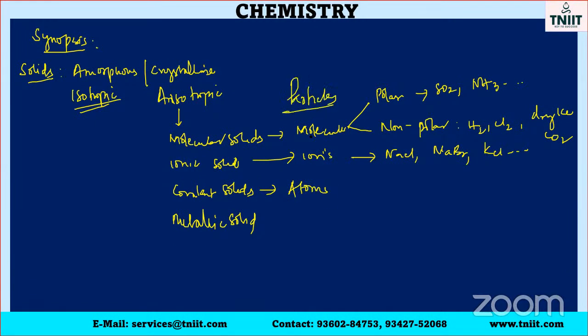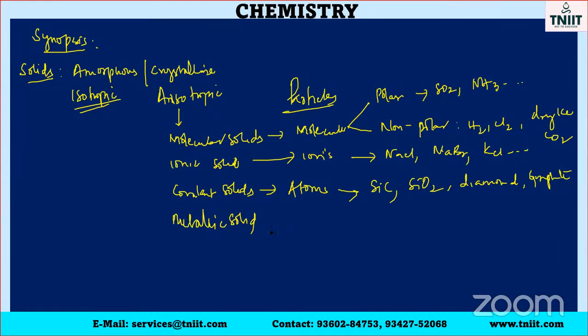These atoms are held together by a covalent bond. Examples for covalent crystals are silicon carbide, silicon dioxide, sand, silica. We can talk about diamond. Diamond is also an example for a covalent solid. Graphite is also an example for covalent solid.